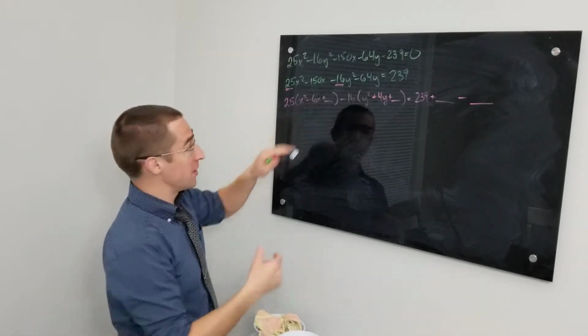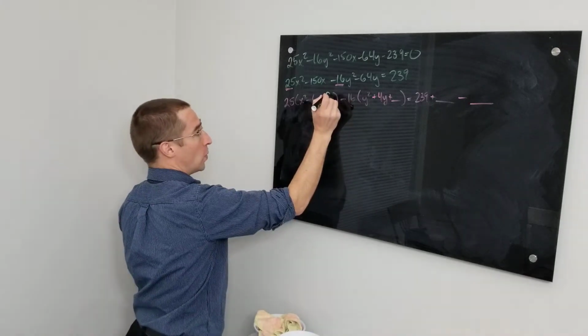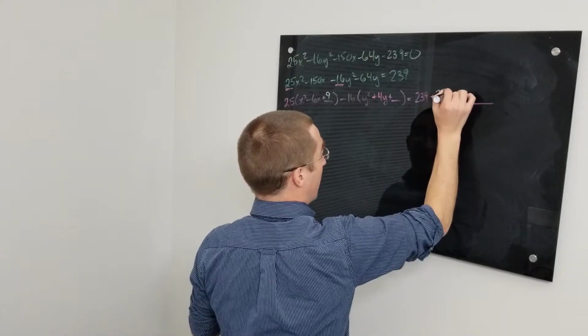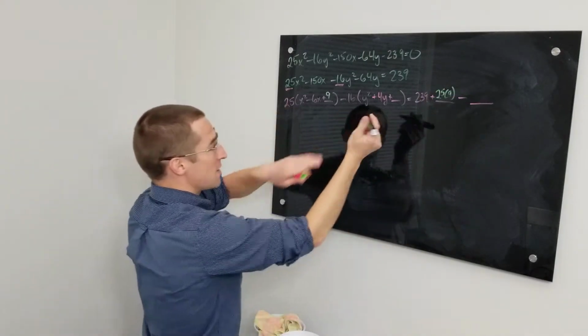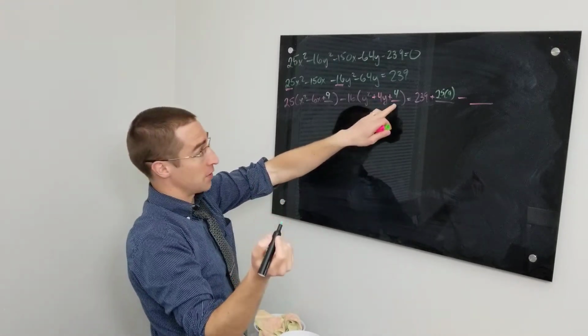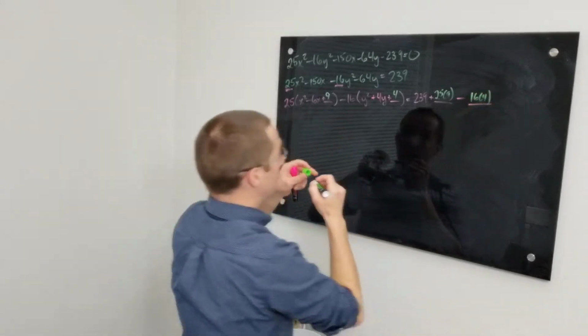Half of 6 is 3, 3 squared is 9, so we're going to put a 9 in there. And then here, I'm going to go 25 times 9. With this one, half of 4 is 2, 2 squared is 4, so I get a 4 there, and here it's minus 16 times 4.